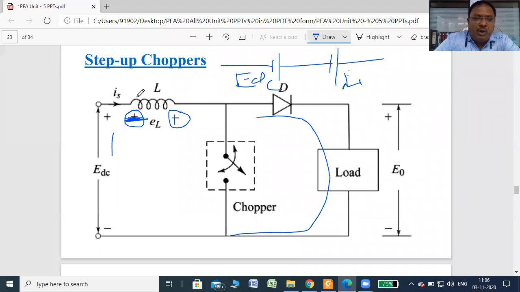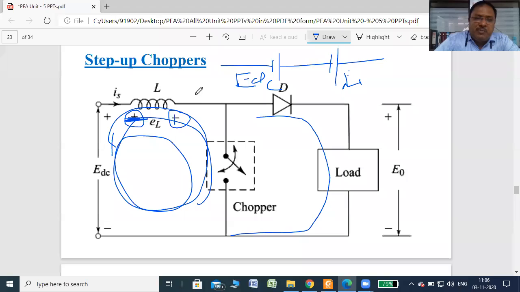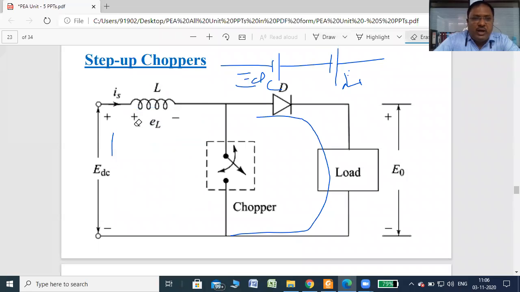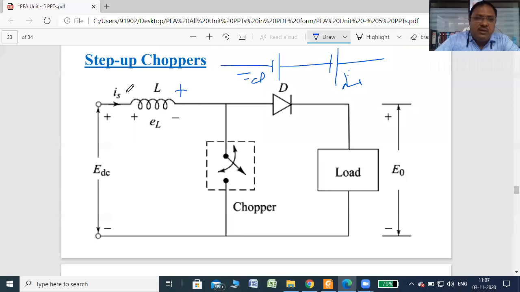Very easy, because when the switch is on, the current flows through the L and the switch, right? In this period, the inductor stores the energy in its magnetic field, with the polarity of the stored charge as shown in the figure, positive and negative. But when the switch is off, the polarity of the stored charge gets reversed, as shown in the figure.